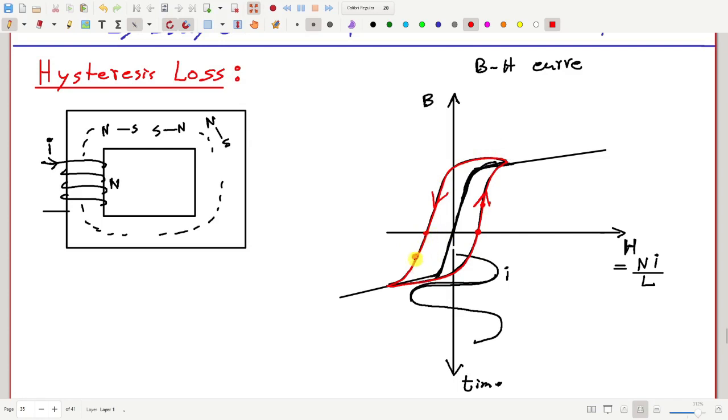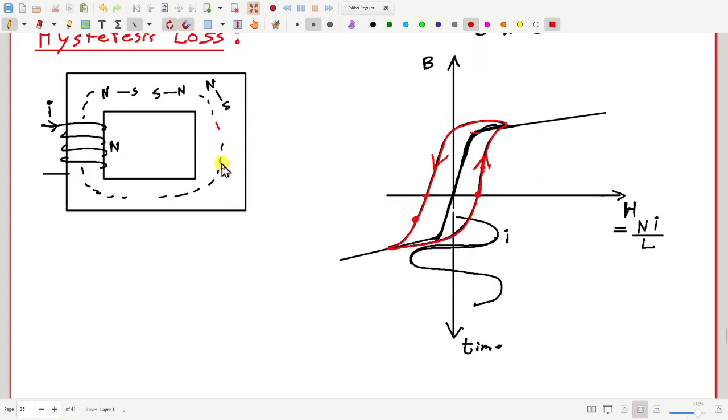I have to wait for some time for the flux to become negative. So there is a delay between the reorientation of tiny magnets and the change in the current. This red graph represents the dynamic or time varying nature of the B and H relationship.